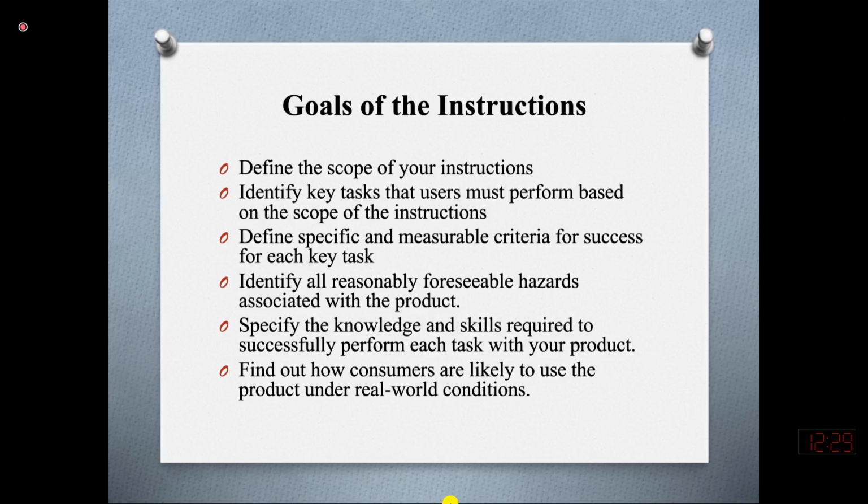So find out how consumers are likely to use a product under real world conditions. Real world conditions are completely different from the conditions you assume for your product, because practical life is very difficult, it is not a bed of roses. Many times you are in a situation where you do not have the things to assemble your product, you cannot repair your things.